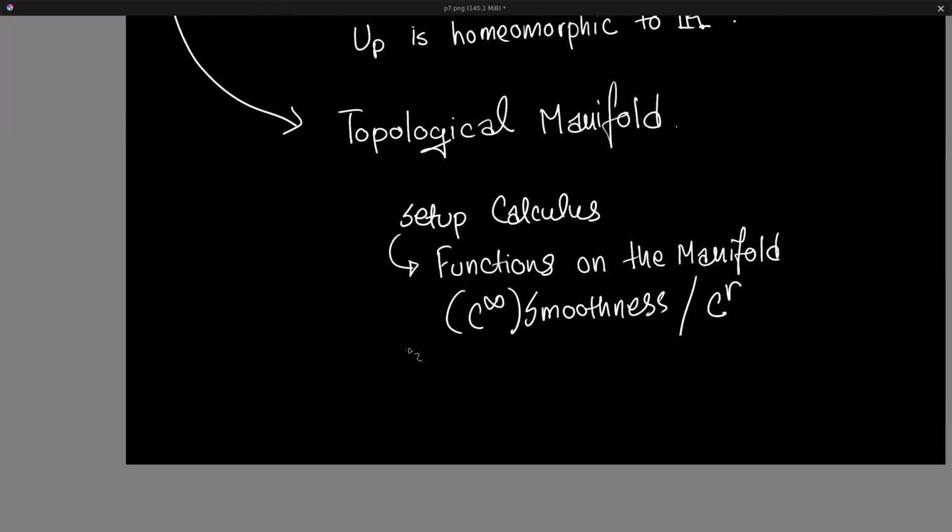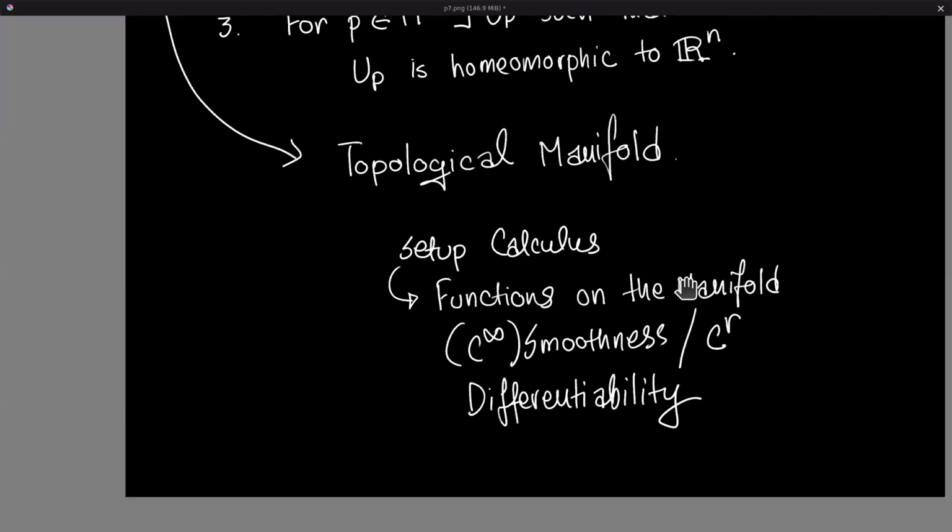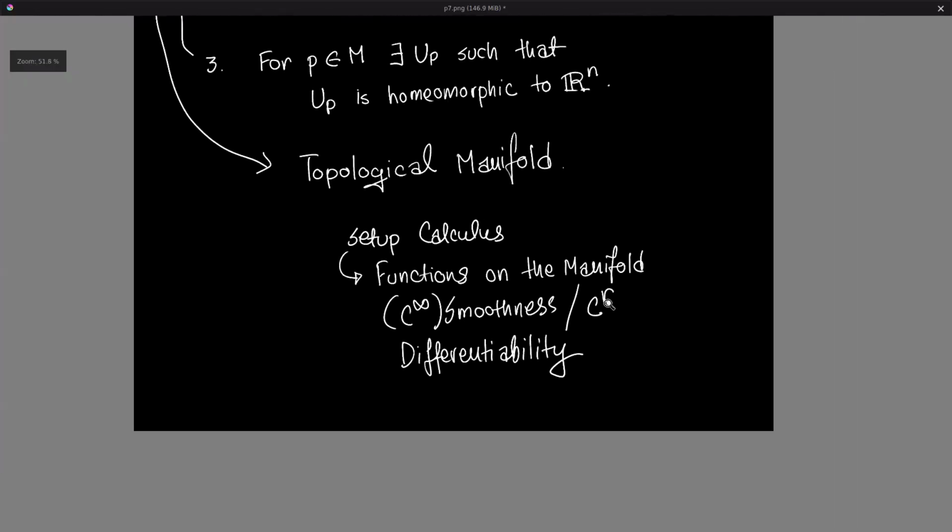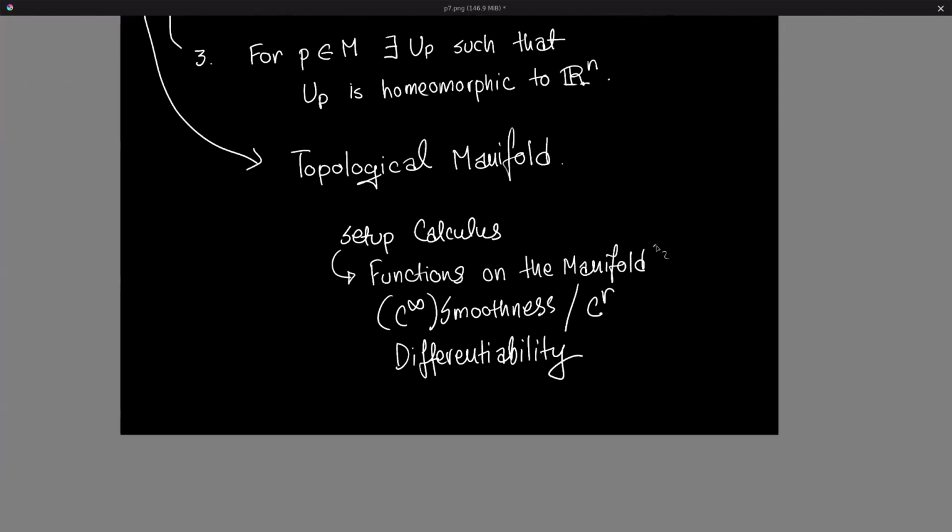C infinity is the goal here, along with ideas like differentiability. I don't know if this is the only way you could do this, but a very convenient way is to define coordinates on your manifold.